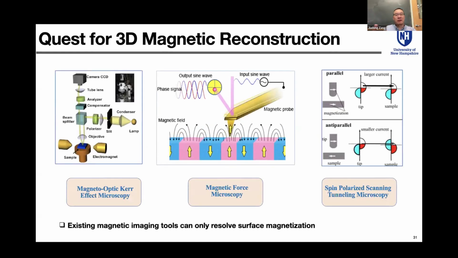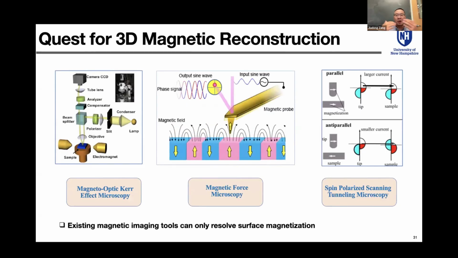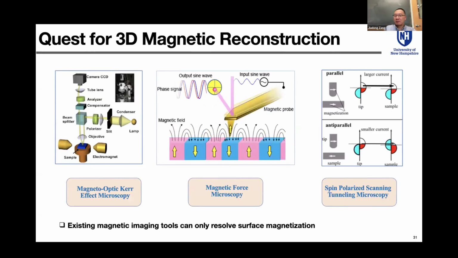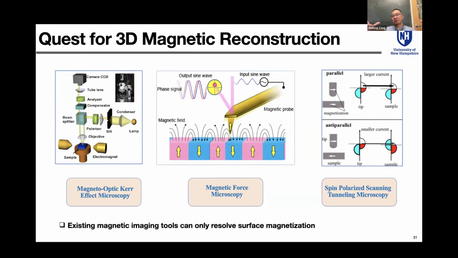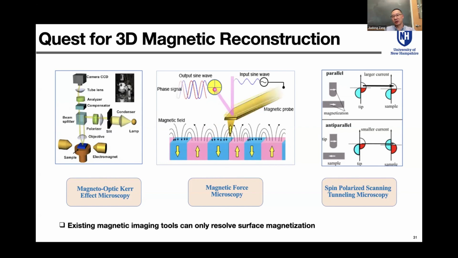In magnetism, we have a lot of different ways of imaging magnetic configurations, like MOKE, MFM, or spin polarized STM. Okay. But all these techniques can only give you the distribution of magnetizations on a 2D plane, or projection onto the 2D plane.